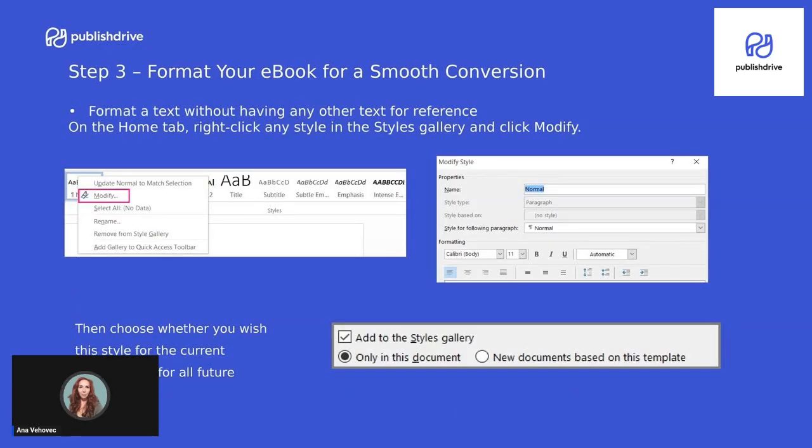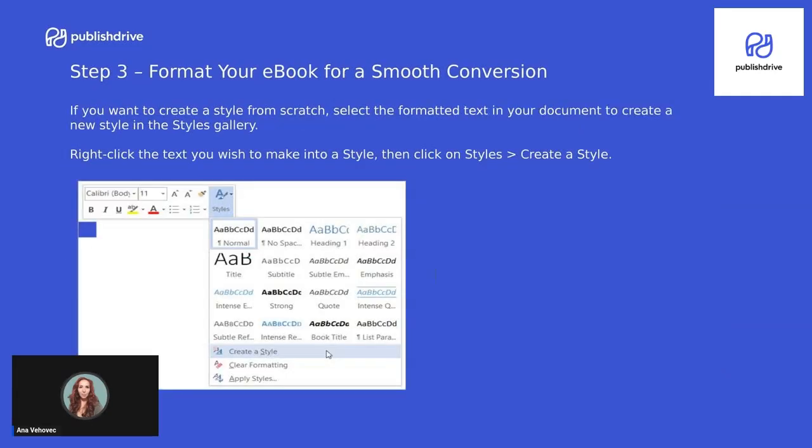You can make any formatting changes you want. You also have the opportunity to create a style from scratch, so you don't have to use a predefined style if you don't want to. You can use the text that is already formatted in your document to create a new style in the Styles gallery and then apply that style throughout your document.